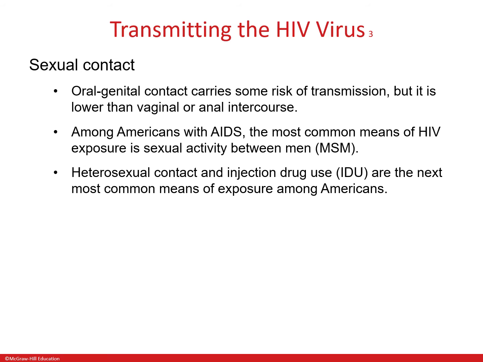Okay. But in America, it is most likely between men that have sex with men. And again, remember that's abbreviated MSM. Heterosexual contact and injection drug use, or IDU, are the next most common means of exposure in the United States. So number one is men that have sex with men, then heterosexual, and injection drug use.